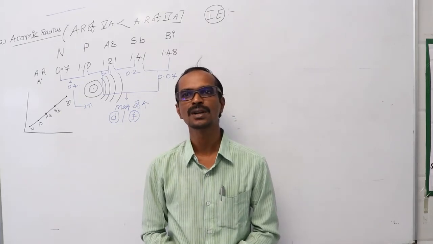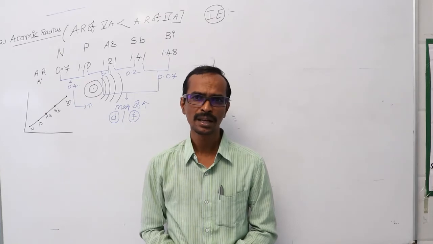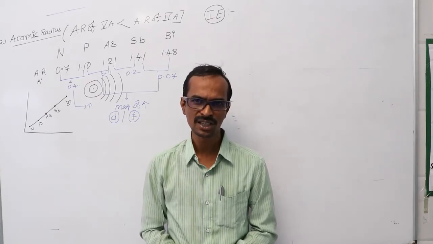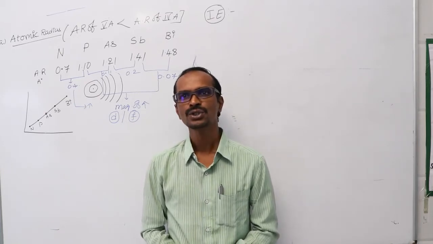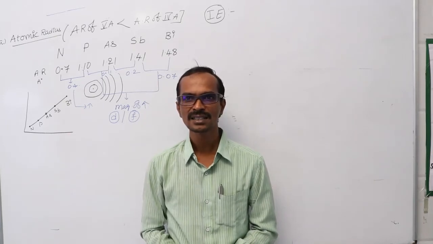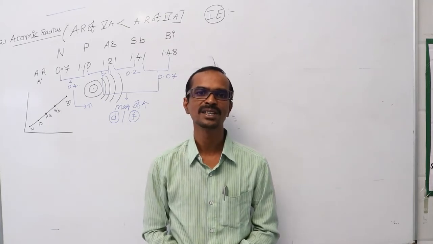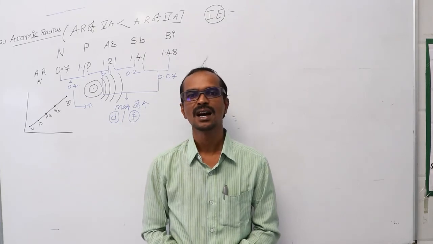Are you clear? Shall I repeat it again? The minimum amount of energy required to remove an electron from the valency shell of an isolated neutral gaseous atom is simply called ionization energy.